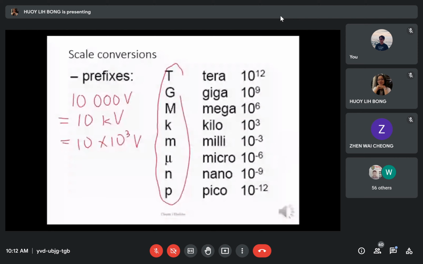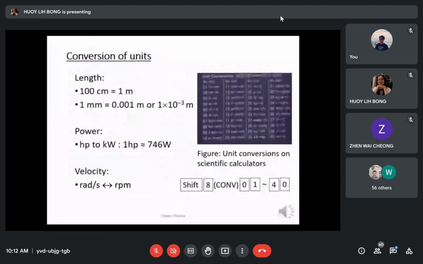The conversion of units. The following are some of the commonly encountered quantities in electrical machines. Length. If the dimension is given other than the SI unit, for example, if you're given 100 centimeter, you need to change it to 1 meter, then only you can start your calculation.